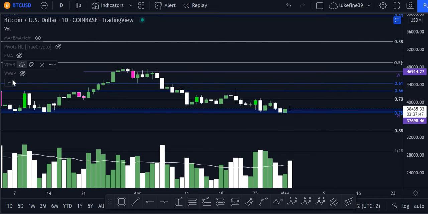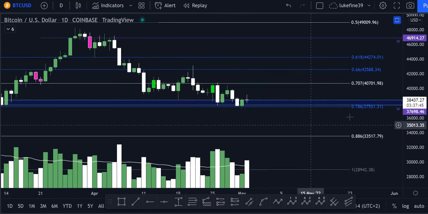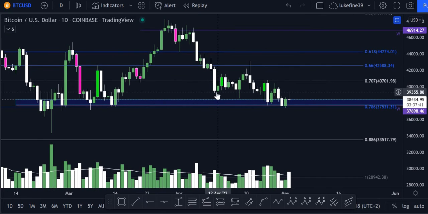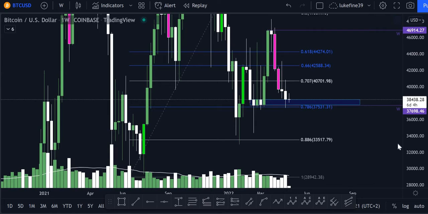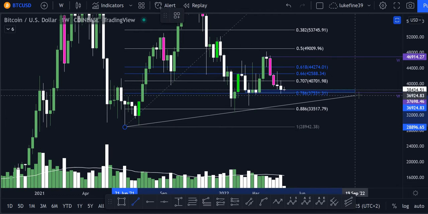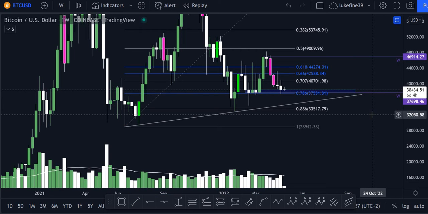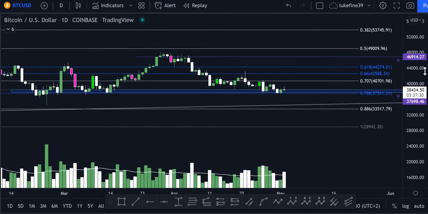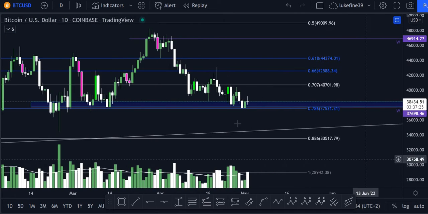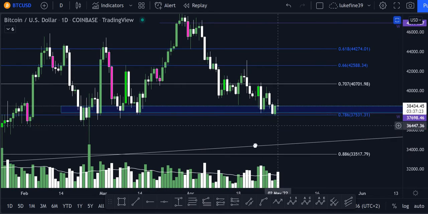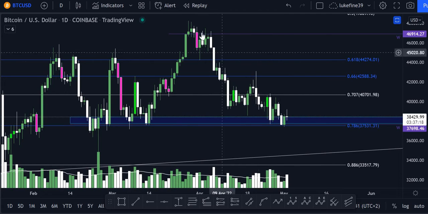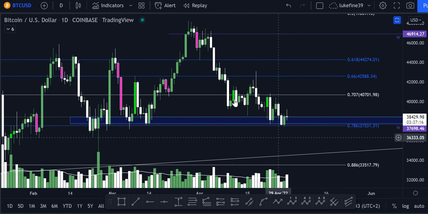Let's just remove EMAs for now, and on the daily we can see this level is important. I really like this as a line here. So we see the daily needs to hold this zone again, and we can see we're in a downtrend, a really clear downtrend pattern.